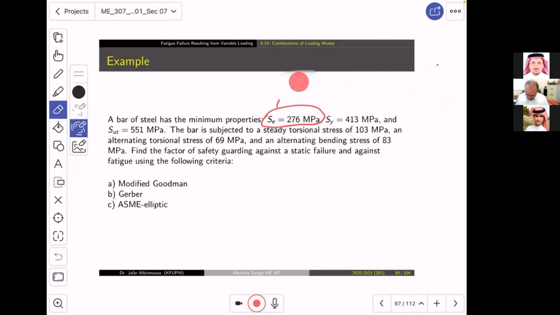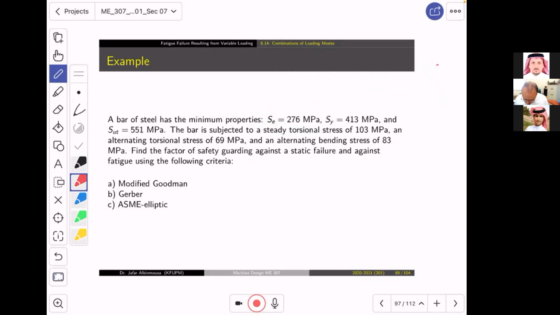As I promised you, I have a few points. I will explain them to you. But for this time, this is S_E, this is S_Y, and this is the ultimate strength. Look what it says. It says the bar is subjected to a steady torsional stress. Oh, this problem is so easy because he gave you tau_M, which is equal to 13 megapascal.